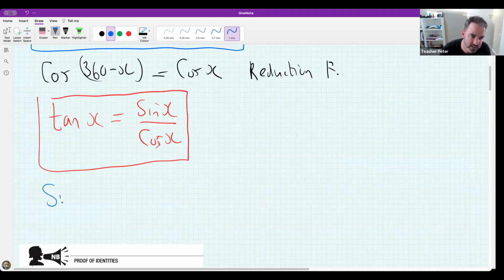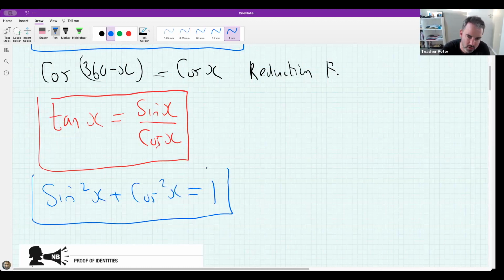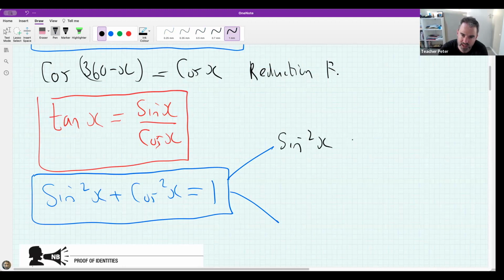And the other identity we need to know about is this one, and this is called the square identity. Now, the square identity can actually be rewritten in two other ways. The other way it can be written is sine squared x equals 1 minus cos squared x, which is basically just moving the cos squared x to the other side.